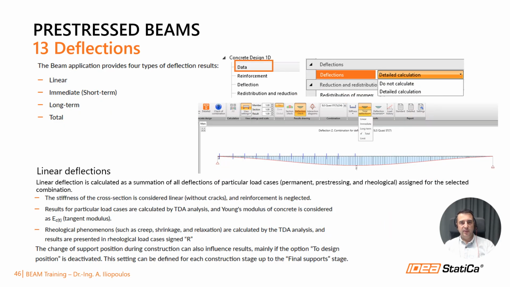You can activate the deflection check in the Data tab. The StatiCa Beam application provides several calculation options and display options for the results. On this slide and on the following one, you can find an overview and an explanation of each type of the result to navigate the results correctly.